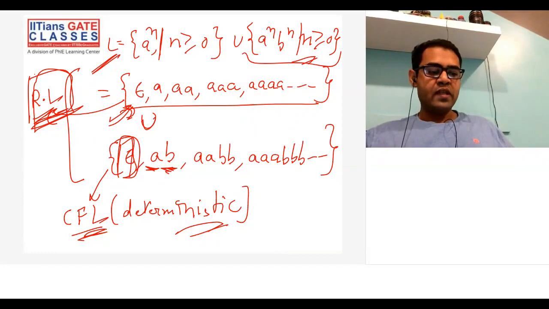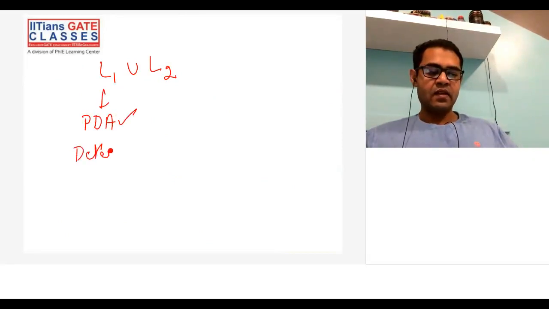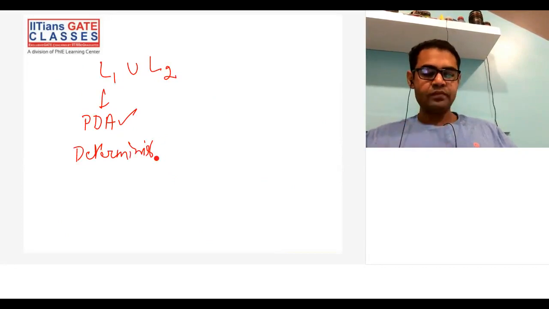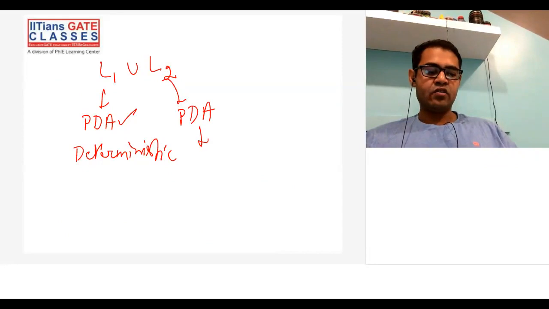So what I want to say is, let's say this is language 1, L1. This is language 2. So L1 union L2 is there. L1 is also accepted by a PDA, hence it is deterministic. And L2 is also accepted by a PDA, hence this is also deterministic. All right, these two are deterministic.